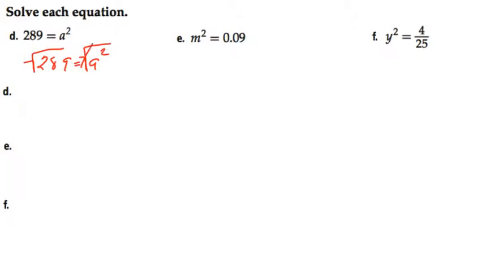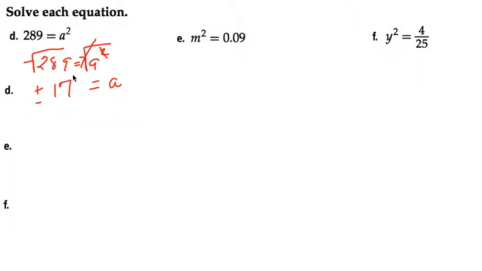Then I'd like to see you cross these out, that the square root or the radical sign and the squared sign cancel each other out, and you end up with a is equal to, now whenever we take the square root we do end up with two answers, so you show that by putting a plus and a minus sign. And I believe that one is 17, if my memory serves me correctly. Let's just double check that. Yes, plus and minus 17.